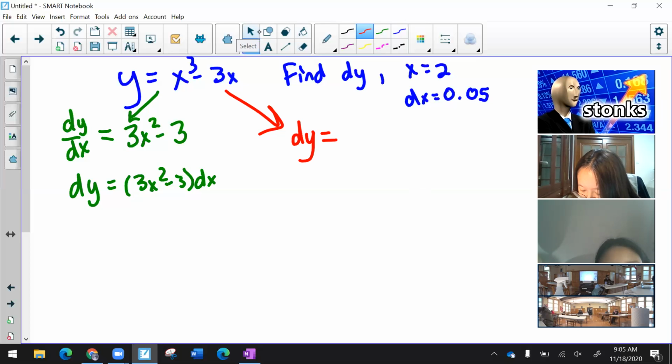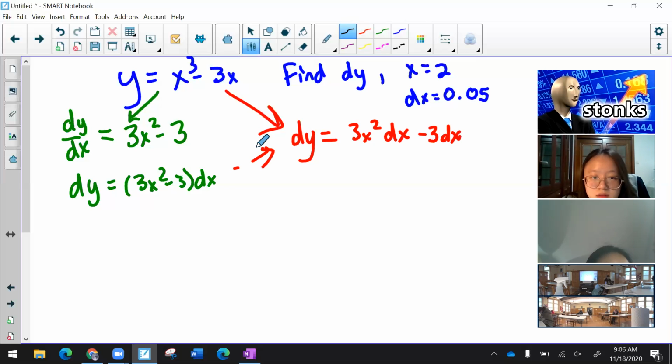What's the derivative of x cubed? 3x squared, but I have to take the derivative of the x, and that gives me a dx. What's the derivative of negative 3x? Negative 3dx. Okay. And those are equivalent formulas. One is just factored differently.